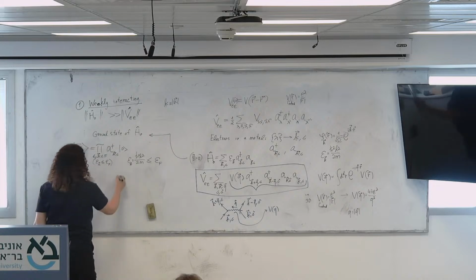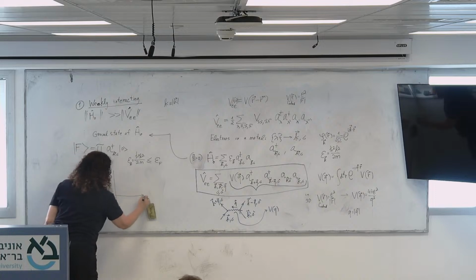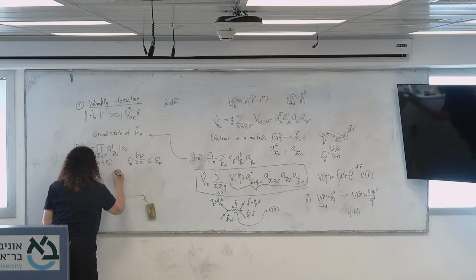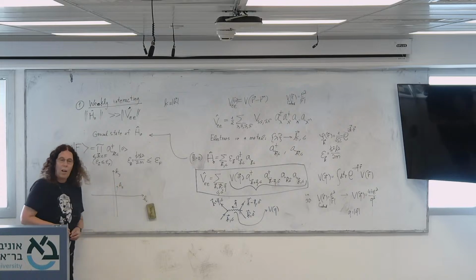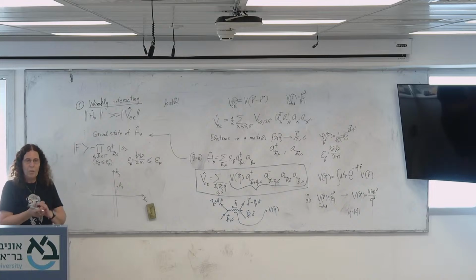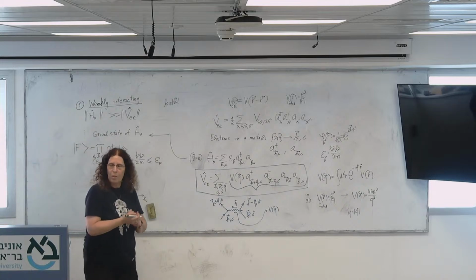Okay. So what can I say about the k vectors? If I want to plot the occupied states in k space, this is kx, ky, and some kz. Okay. How do the states look like in this space?